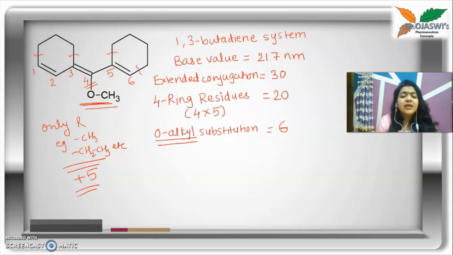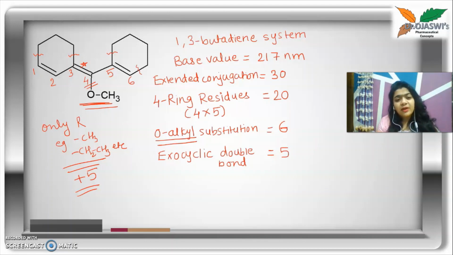Next, do we see any exocyclic double bond over here? So among these 3 double bonds which are between carbon number 1, 2, carbon number 3, 4 and carbon number 5, 6, only one double bond, that is the double bond between carbon number 3 and 4, is called an exocyclic double bond, and it increases the lambda max by 5 units.